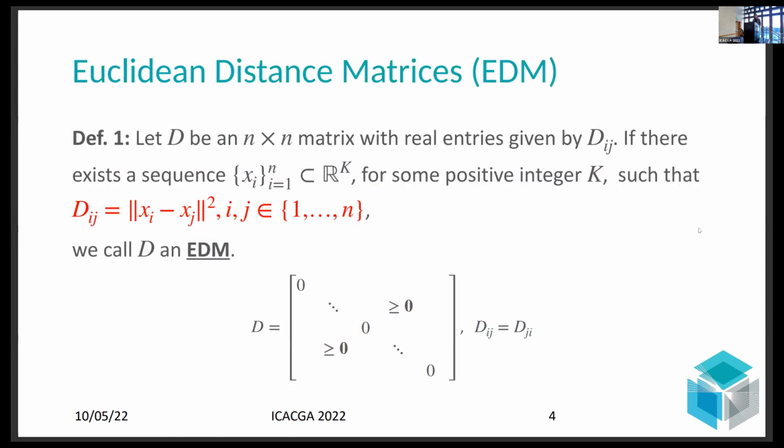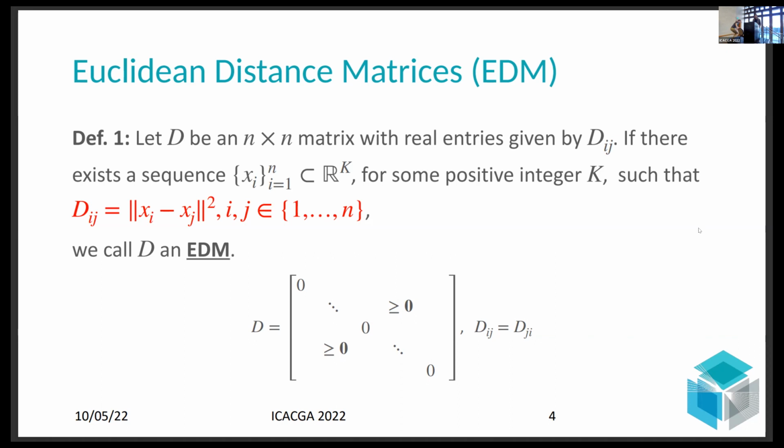Okay, so the first definition is the Euclidean distance matrix, or an EDM for short. We say that a matrix will be an EDM if we can find a sequence of points, or a set of points, where the square distance between each pair of points are satisfied by the entries of the matrix.